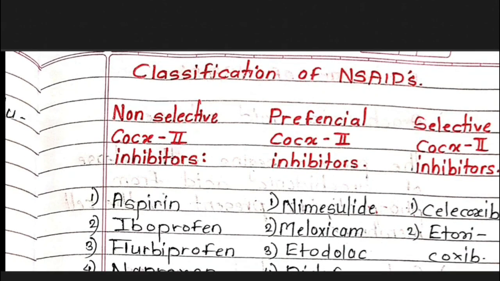Classification of NSAIDs: non-selective COX inhibitors, preferential COX-2 inhibitors, and selective COX-2 inhibitors.